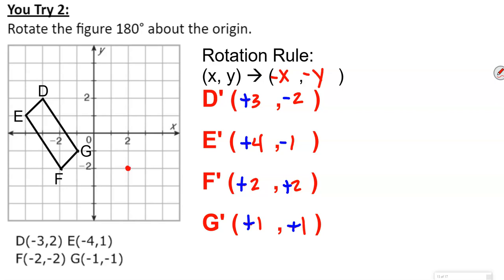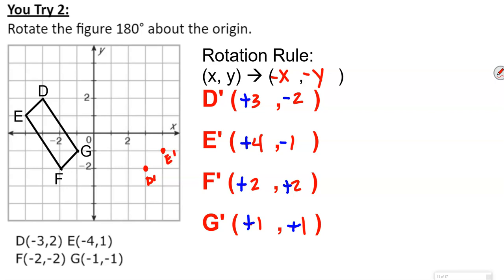3, negative 2, so that's my new D prime. E prime is 4, negative 1. Wait, sorry, I didn't do that in the right place. 3, negative 2 right there. That was my D prime. 4, negative 1, that's my E prime.